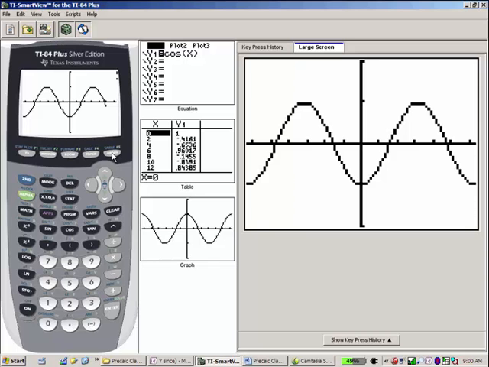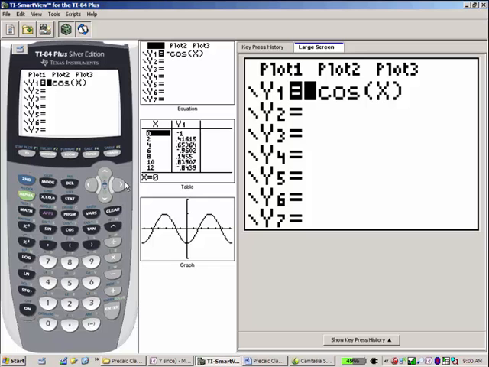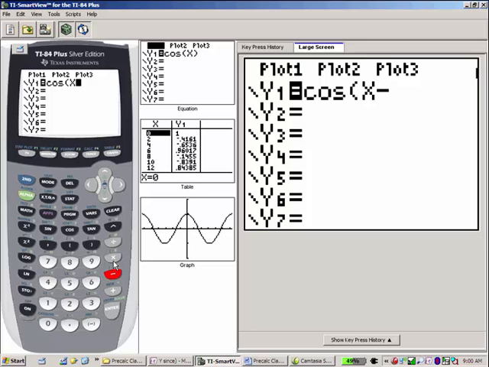Does that give us our sine function? Not quite. Sine has to start at 0 and go up. So flipping it was a good thought. Flipping it didn't work, though. Second thought. So you want to do minus. You want to shift it over.